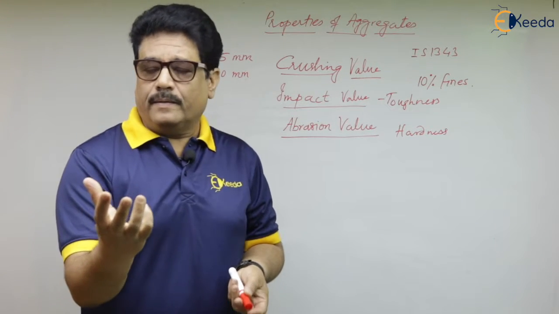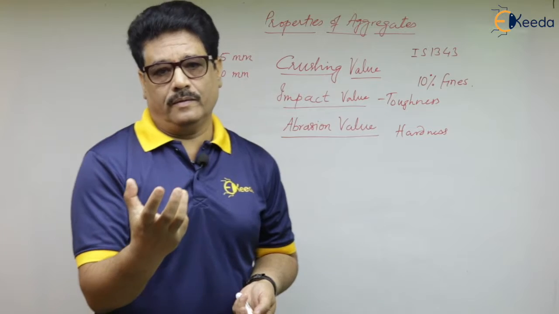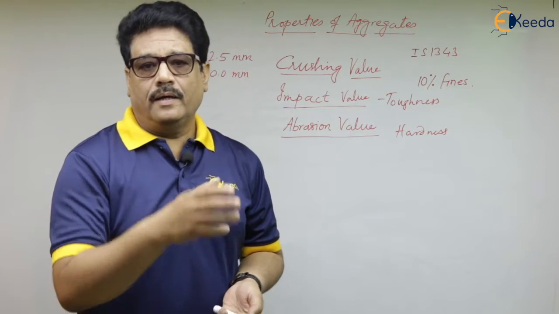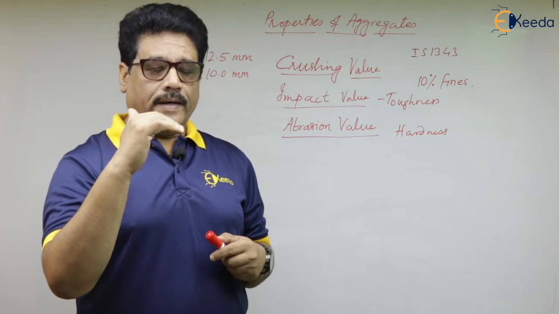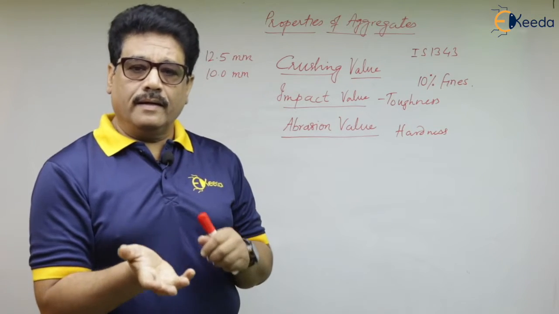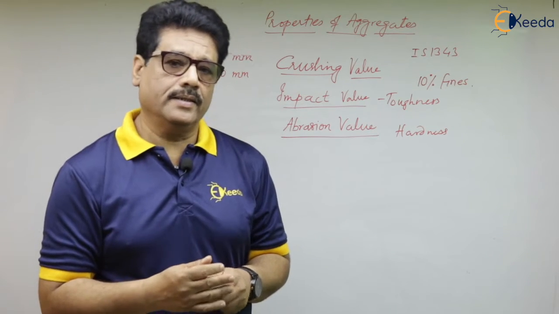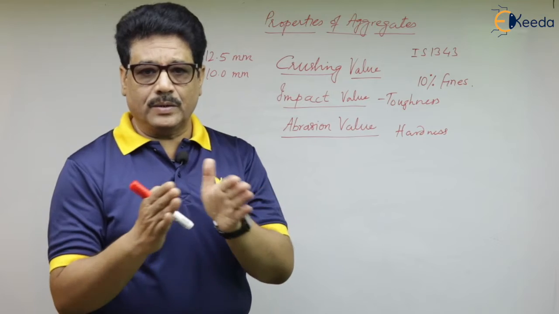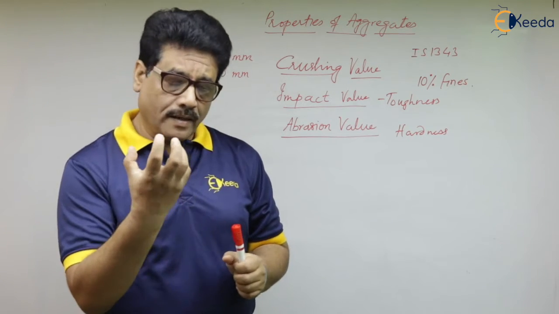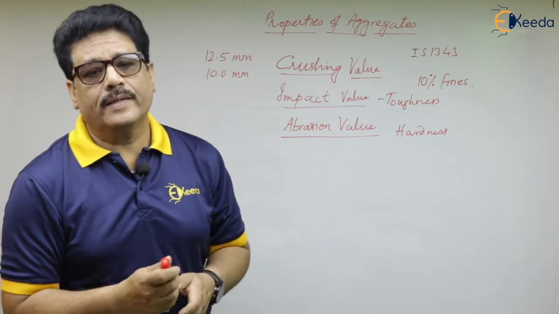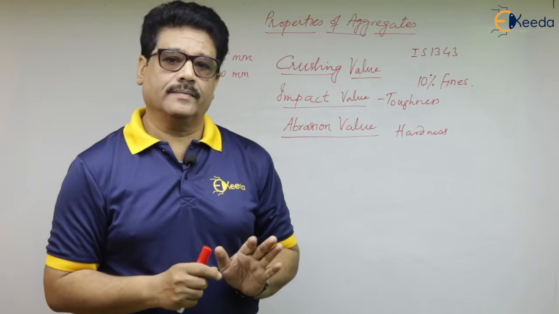Means take a known mass of aggregates, pass it through a 12.5 mm IS standard sieve and retain it on the 10 mm IS standard sieve. Whatever is there between these two sizes, measure the weight of it, suppose 1 kg or 5 kg, and then there is a crushing value apparatus.